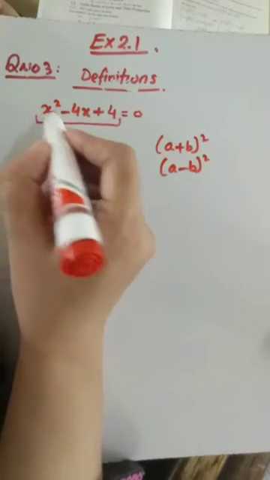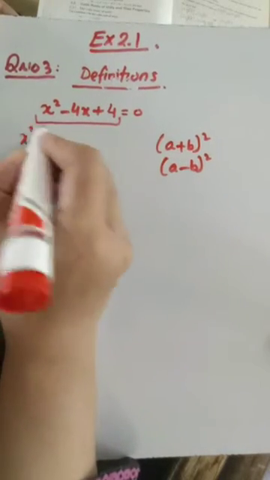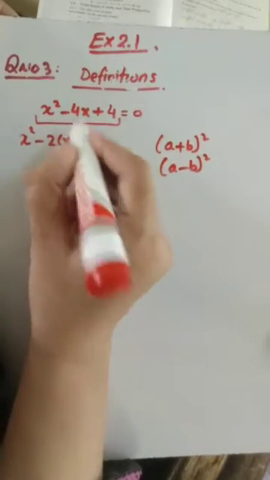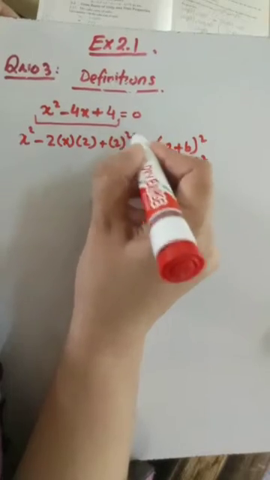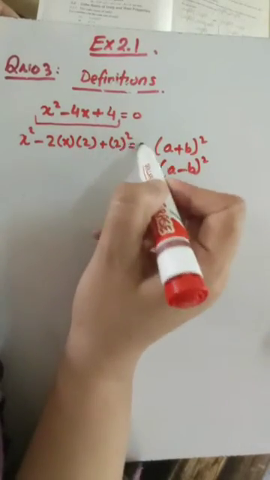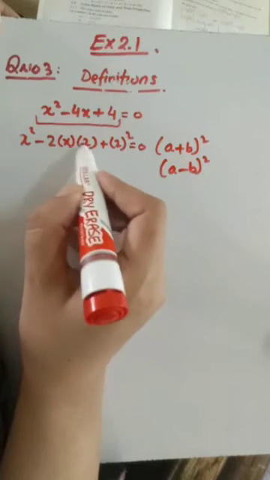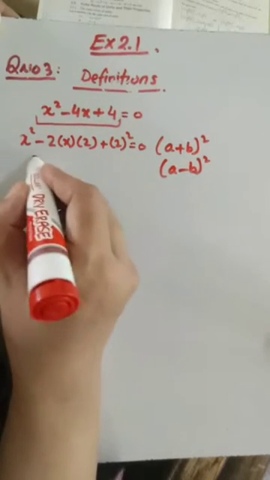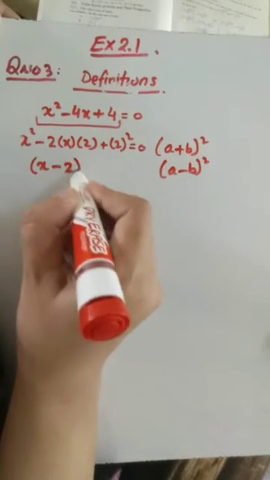For example, x square minus 4x plus 4 can be written as x square minus 2 times x into 2 plus 2 square. 4x can be written as this, and we know that 4 is the square of 2. So I can write this expression in this form, and you know that a square plus b square minus 2ab is equal to (a minus b) whole square.